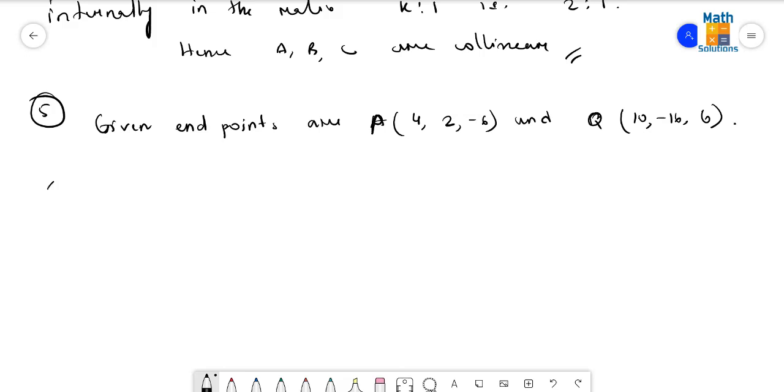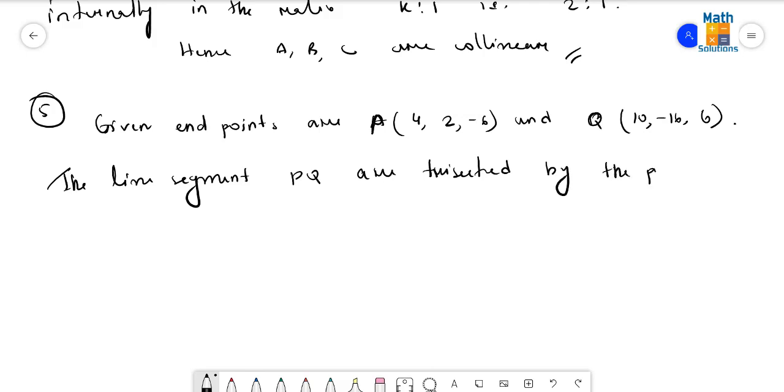Now the line segment PQ is trisected by the points R and S such that PR is equal to RS is equal to SQ.